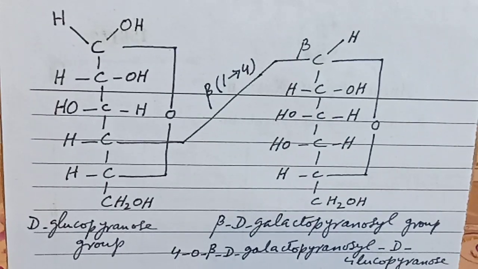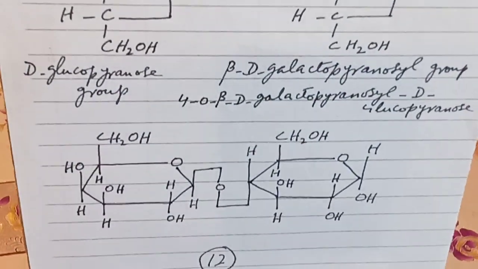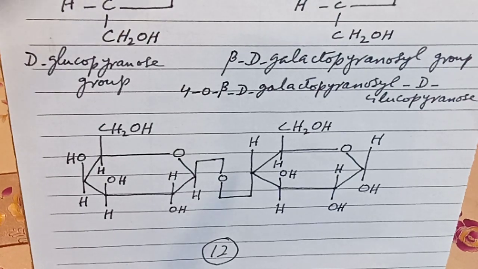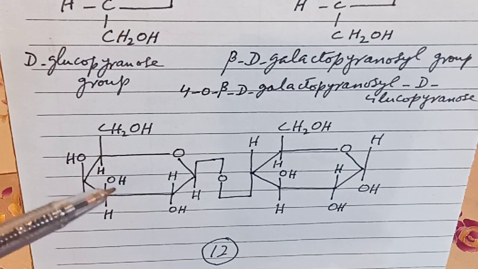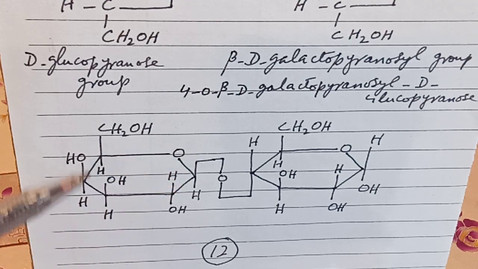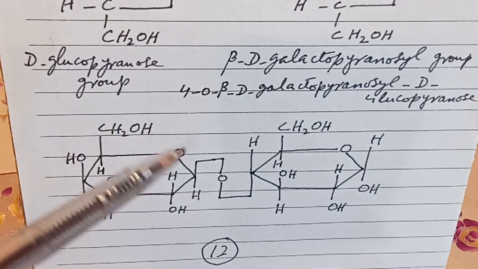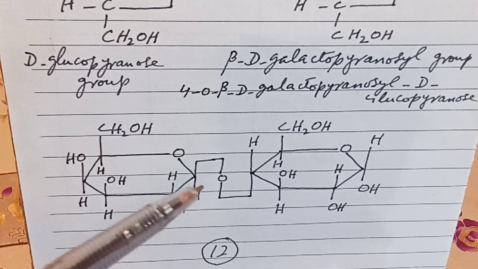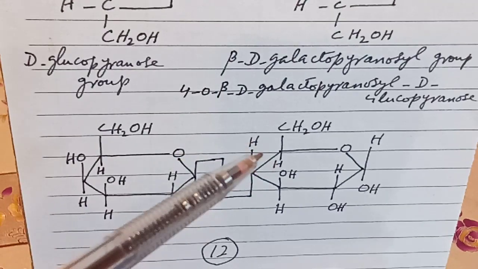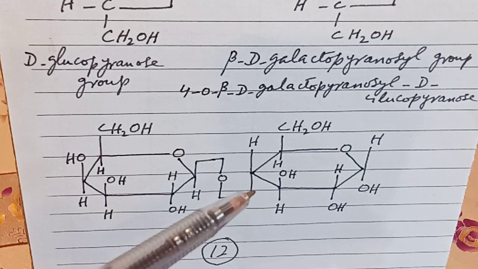This is a linear representation, but the best explanation you can give in your exam to elaborate lactose sugar is in the Haworth ring structure. So this is the beta D-galactopyranosyl structure, in which the first carbon atom's alcoholic group is on the upper side, and this is the carbon number 4 of the glucose sugar, on which the alcoholic group is on the lower side.